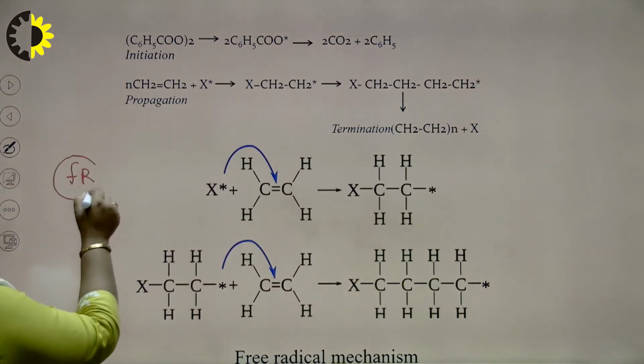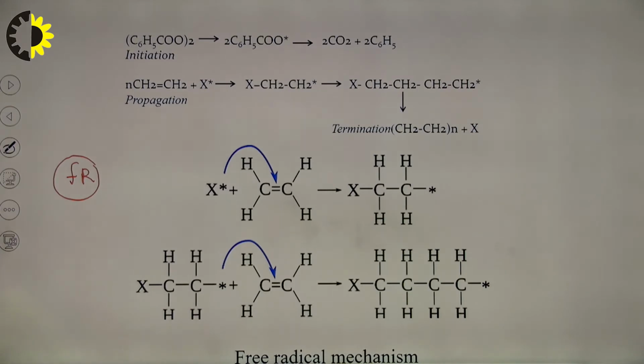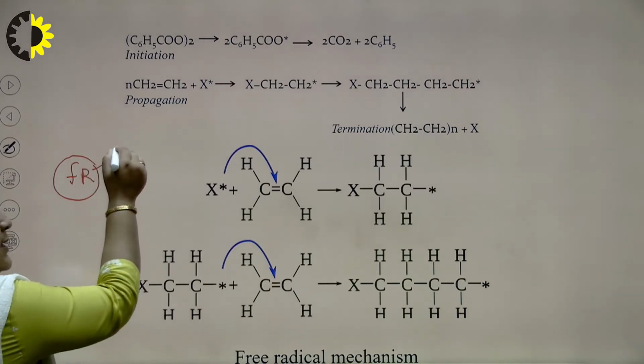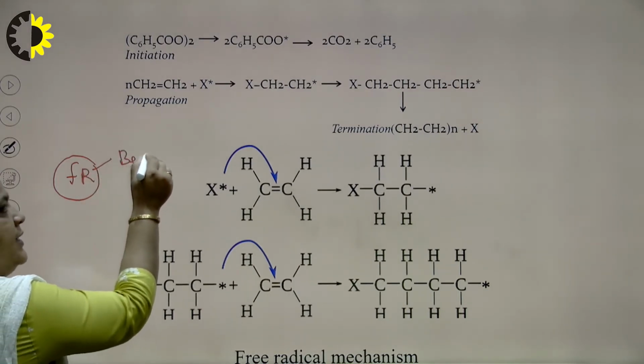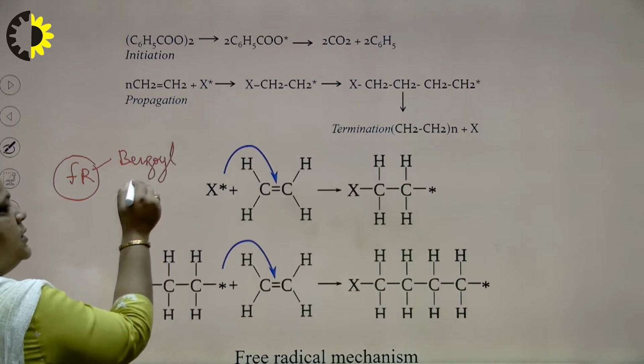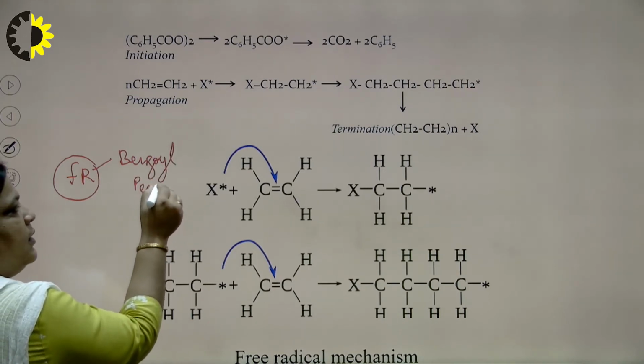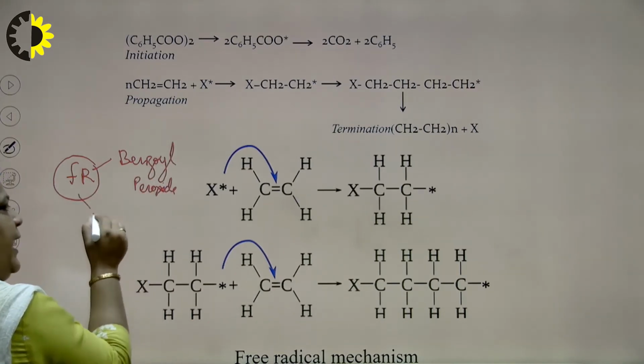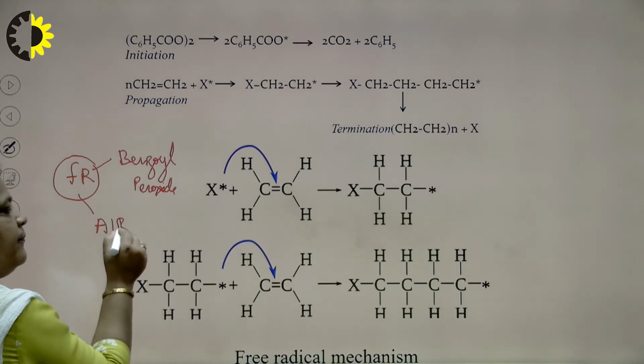Here I am taking the free radical initiation reaction, the free radical mechanism. So, for free radical, either peroxides, generally benzoyl peroxide, or AIBN is used.